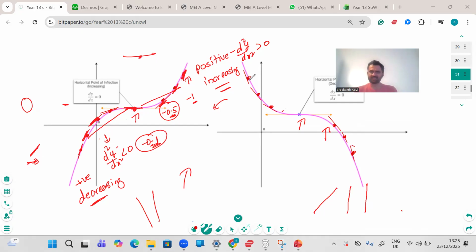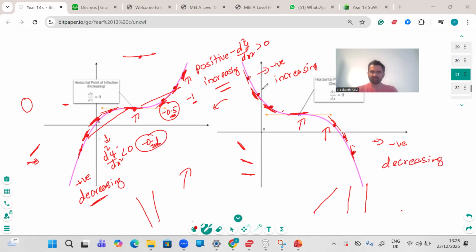Here also you can see that this is a negative gradient. As it flattens horizontally, the gradient increases. Gradient is negative, but gradient is increasing. It becomes a flat line. Here also gradient is negative, but it is decreasing.